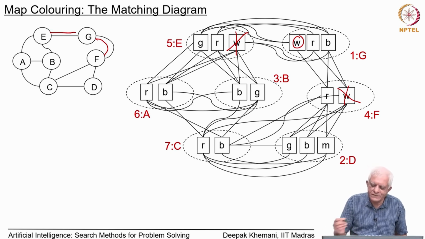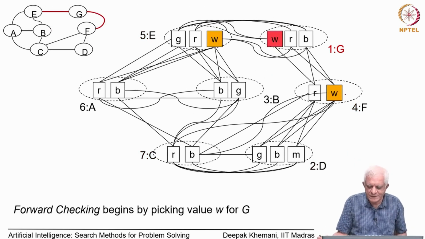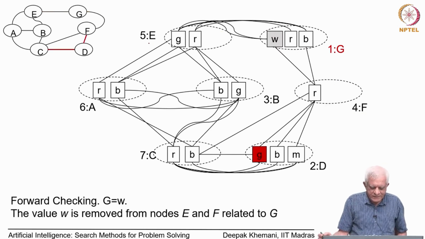So, let us see, we will follow the progress for a few rounds. So, we pick the value W, and as you can see, those two values W for F and E will be deleted. Then we will pick for the second variable the first value, which is G, but it is not conflicting with anything.